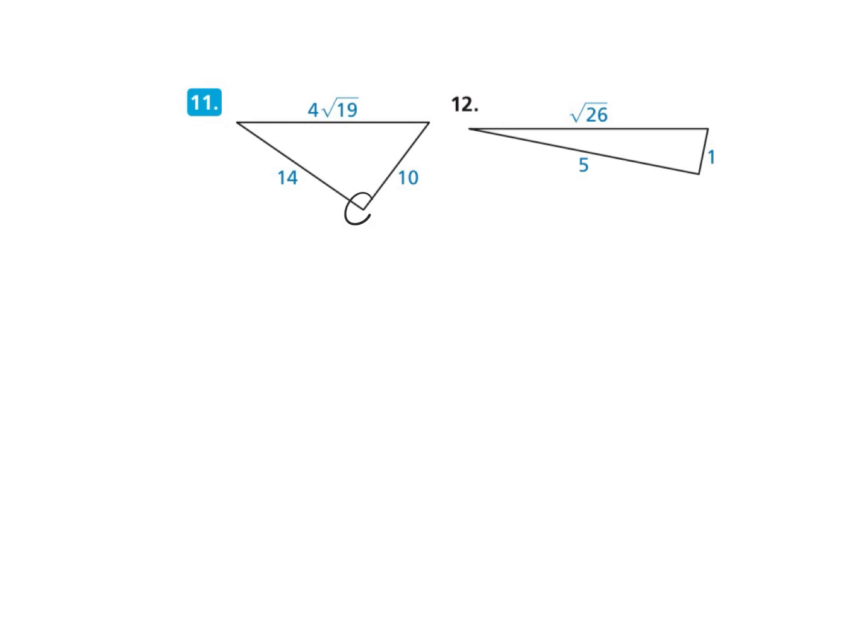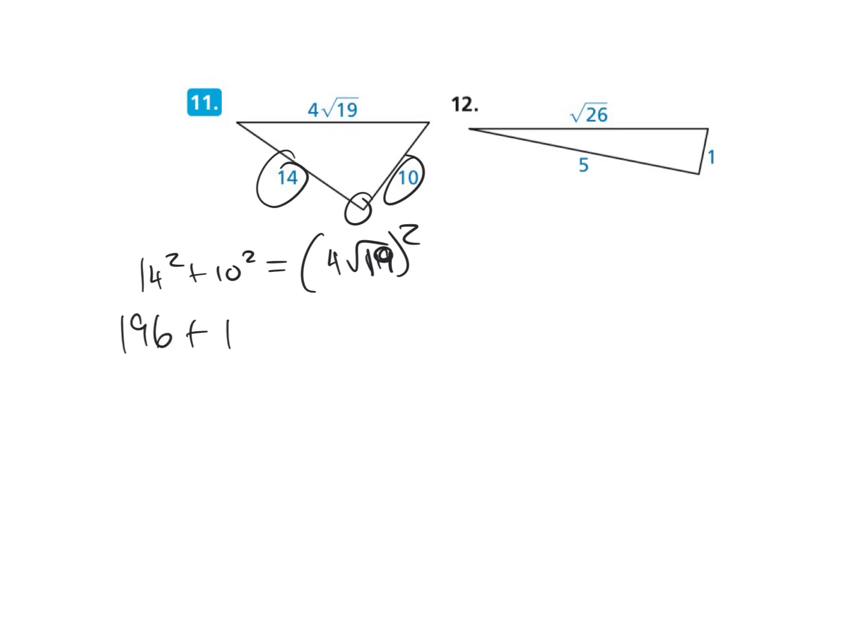Try these. Again, this appears to be the 90 degree angle, so that's your A and B. 14 squared plus 10 squared, does that equal 4 square root of 19 squared? So 14 squared is 196. 10 squared is 100. And when we square this, this is what you have. I'll write it out here.